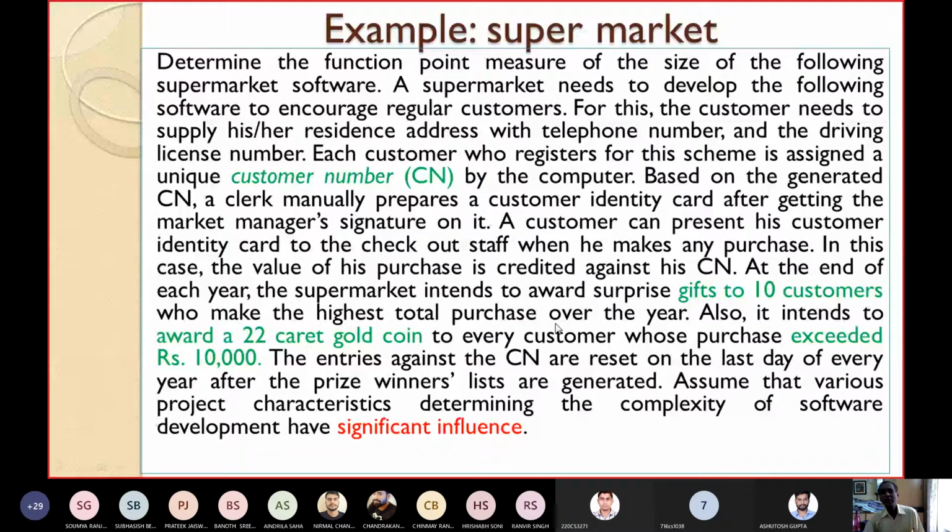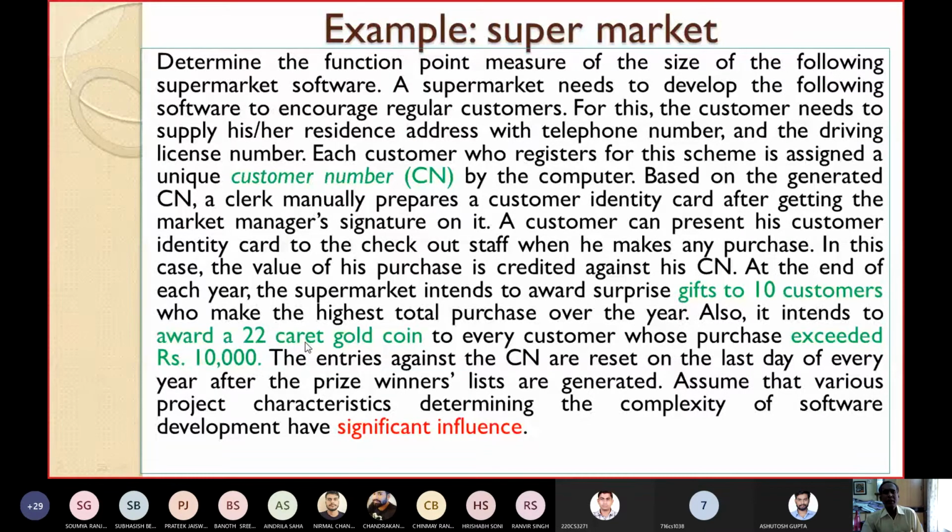See, it intends to give two types of gifts: one to the 10 customers having the highest total purchase over the year, and another to every customer whose purchase exceeds rupees 10,000 in the year, a consolidated gift, that is a 22 carat gold coin.